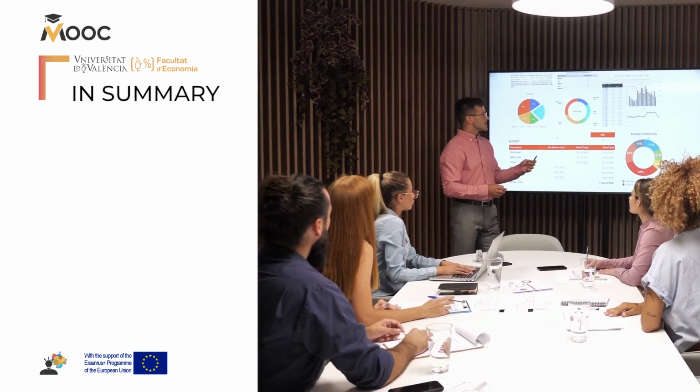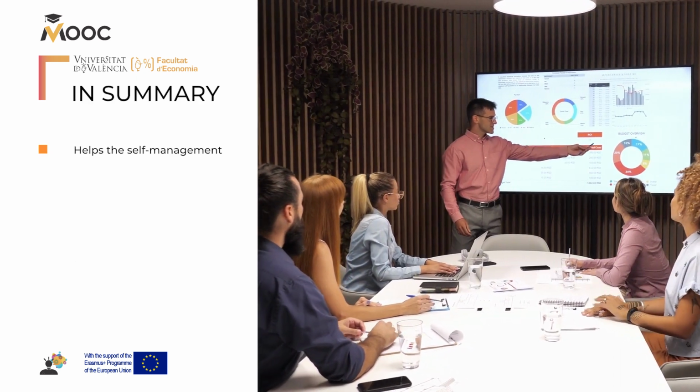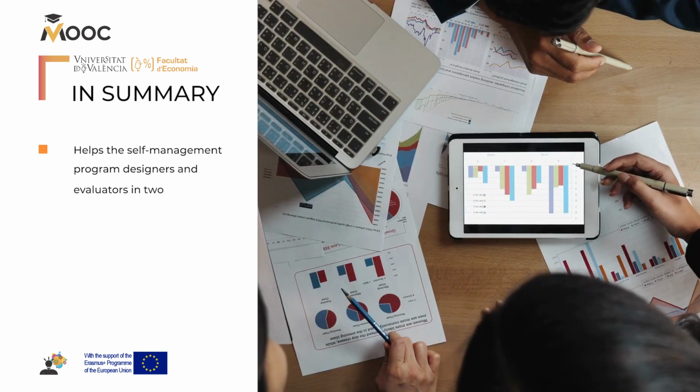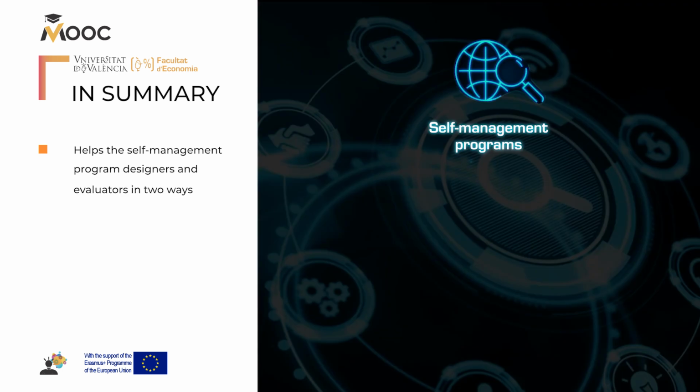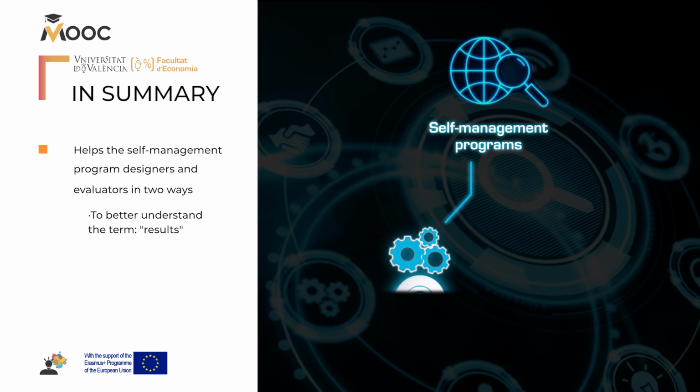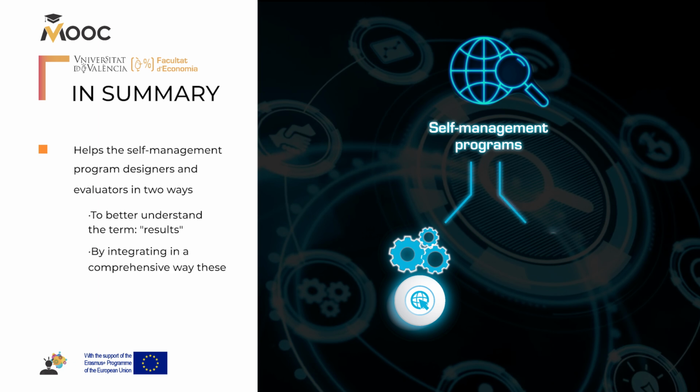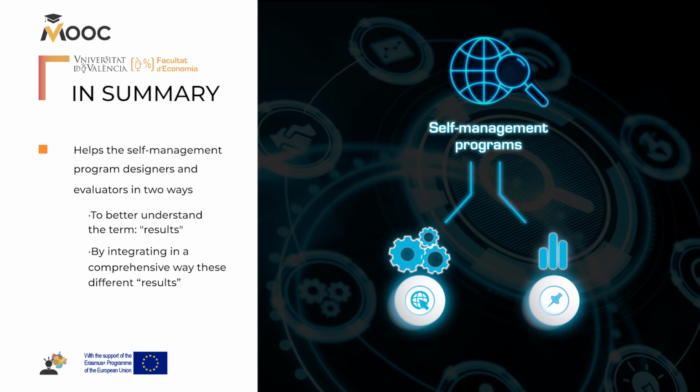In summary, the theory of change helps the self-management program designers and evaluators in 2 ways. Firstly, to better understand assessment term, results, composed by outputs, outcomes, and impacts. Secondly, by integrating in a comprehensive way these different results components within a logic framework, or causal pathway.